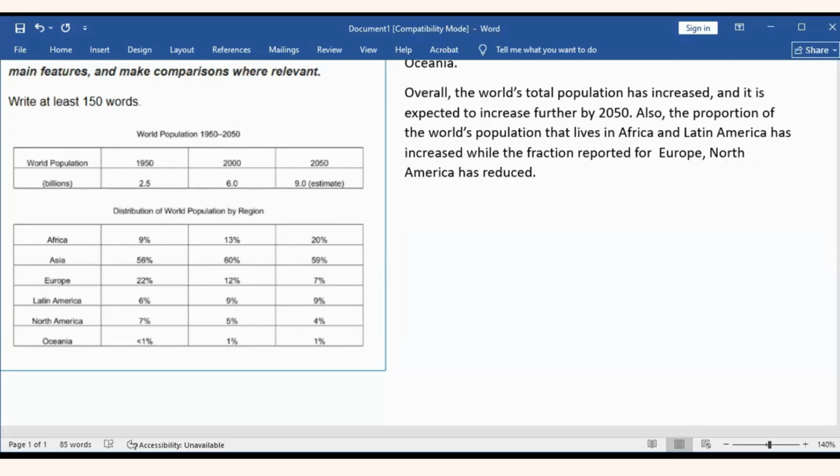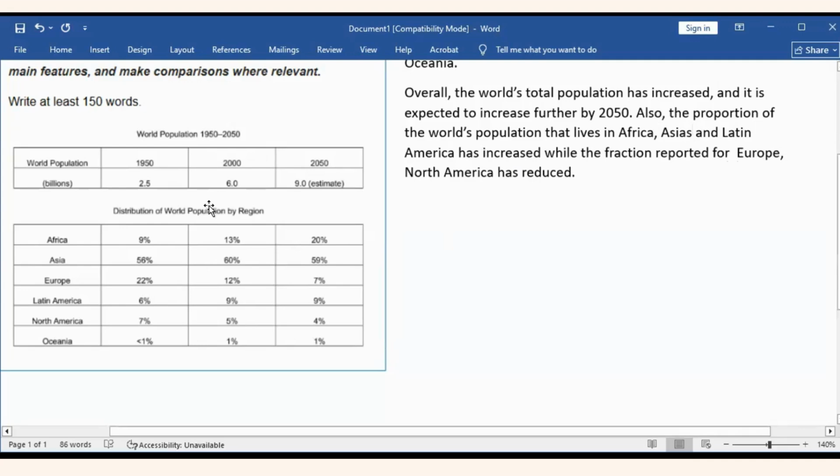In fact, let me add Asia to this list. Because in terms of tenses, if we are looking at it from 1950 to 2000, I've not talked about 2050 yet. So that's what this sentence is about.